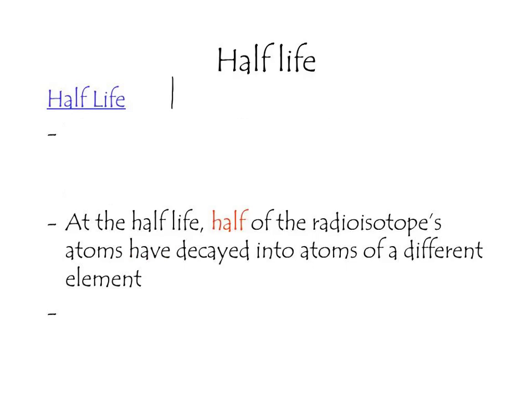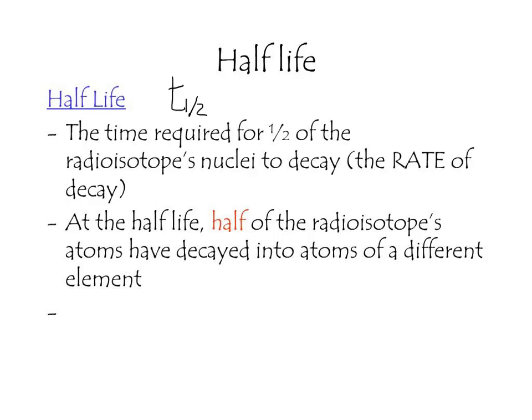Half-life is usually indicated by the variable T1/2. Half-life of an isotope is the time required for half of the isotope's nuclei to decay. It is also good to note that each isotope has a different half-life.